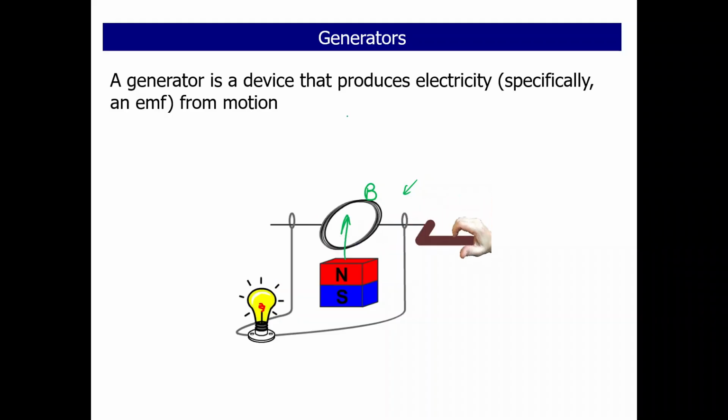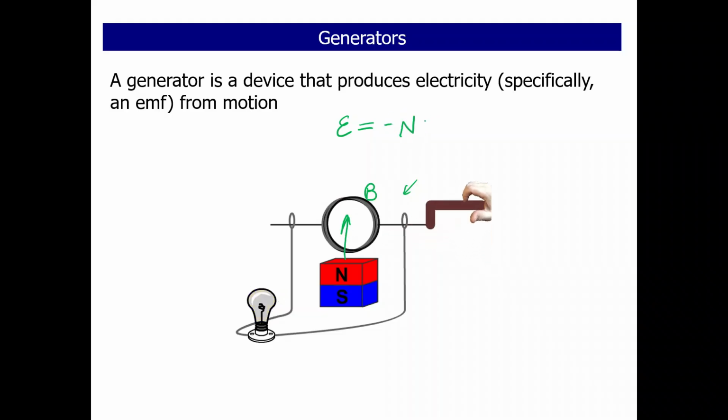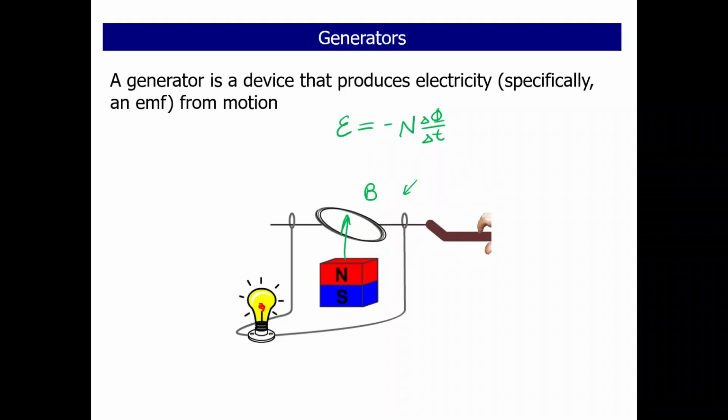If we think about our induced EMF, our EMF from Faraday's law was equal to negative N times the change in flux over the change in time. Then we can relate that to Ohm's law.